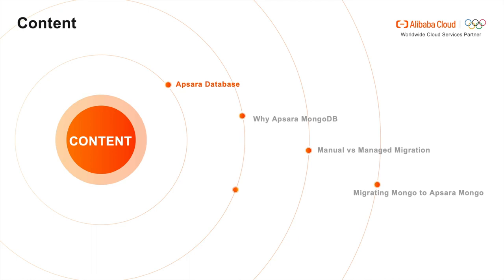Then we will discuss manual versus managed migrations, what the differences are, and then in the end, we will be discussing migration from Mongo to Apsara Mongo, which is a demo. Also, I will cover MongoDB 4.4, what is new there, and why we should move to the new version.